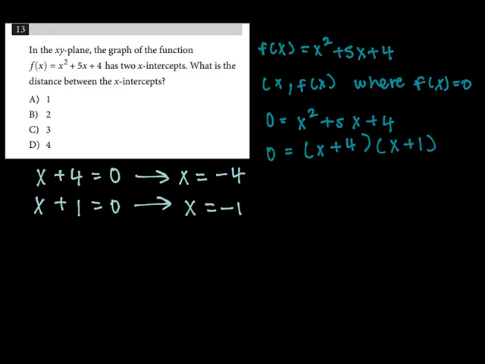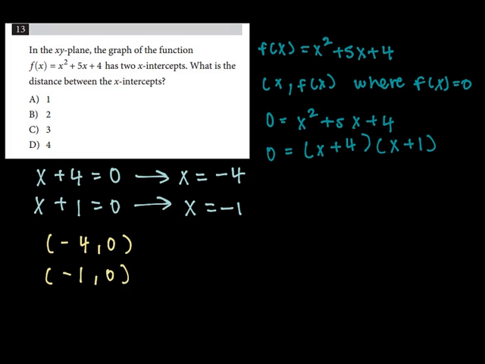So this basically means the x-intercepts on the graph are the points (−4, 0) and (−1, 0).